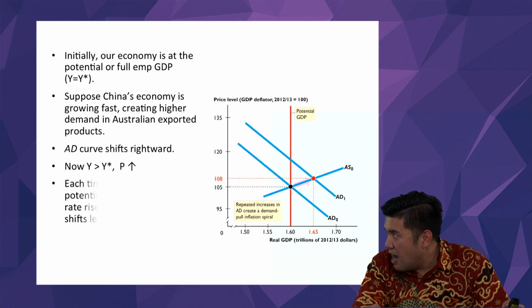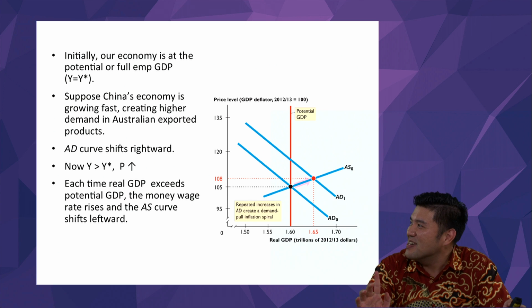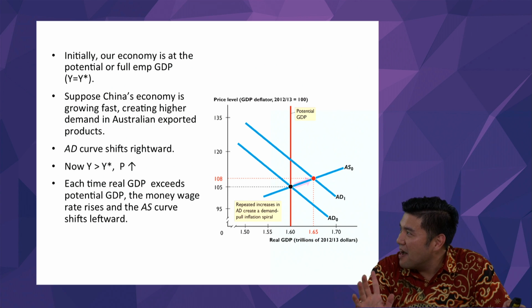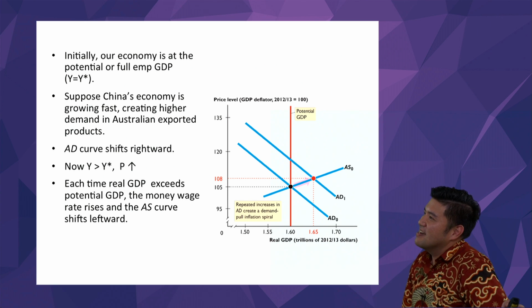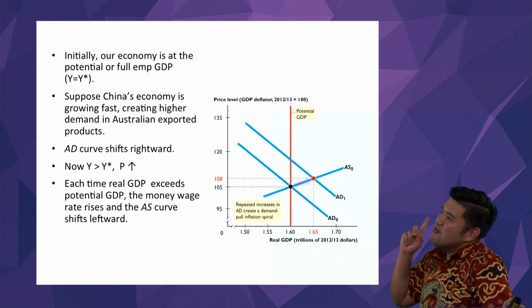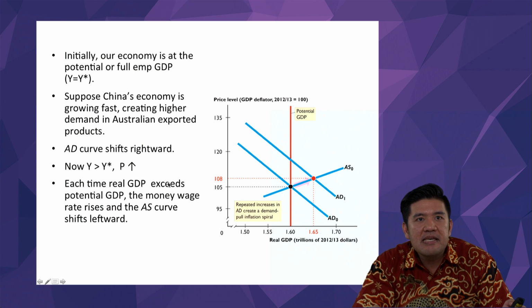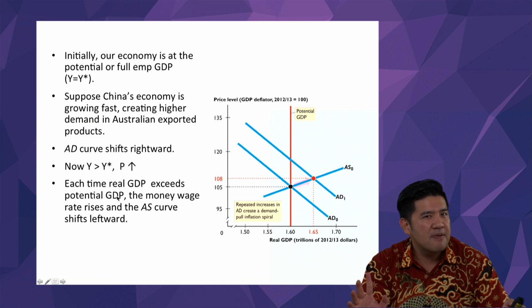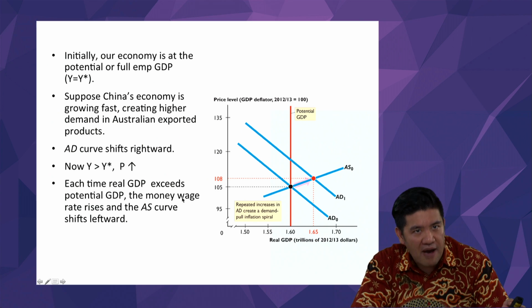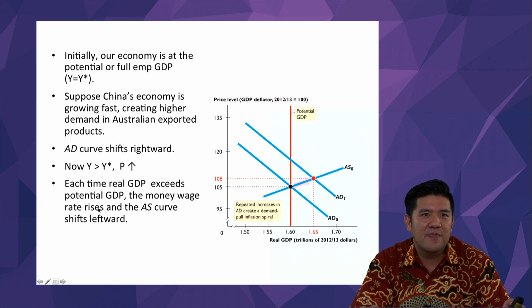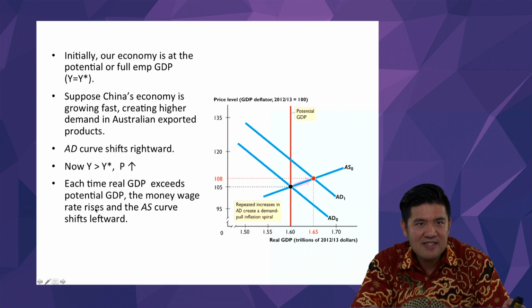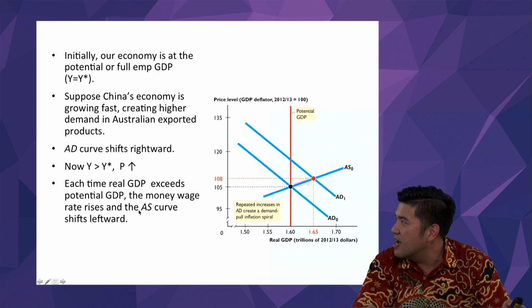Okay. I'm afraid, guys, gradually, price may go up even further, as what we previously discussed. Because each time real GDP is exceeding potential GDP, what happens, guys? Wages go up. When wages go up, the AS curve is going to shift to the left.